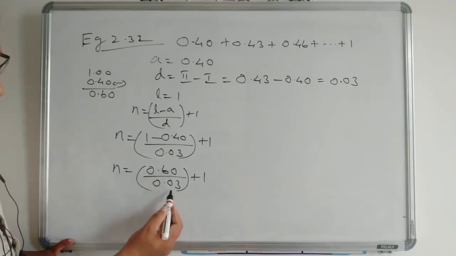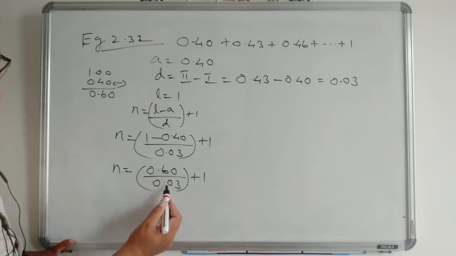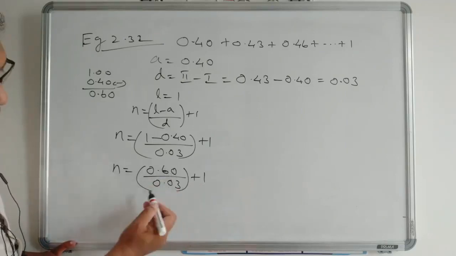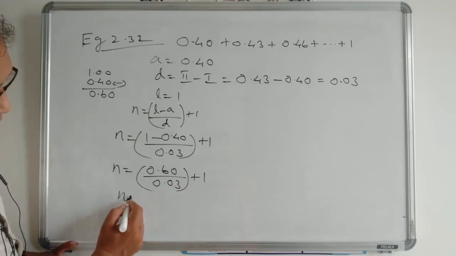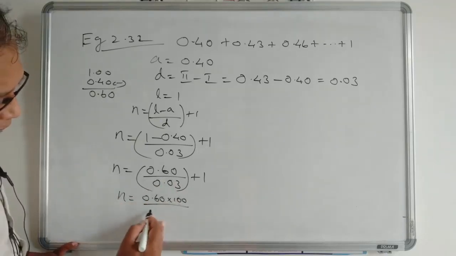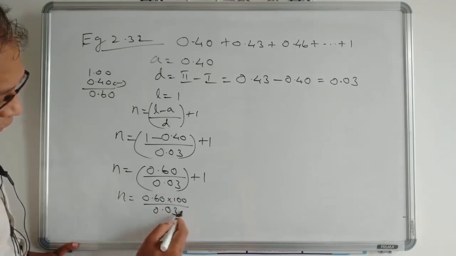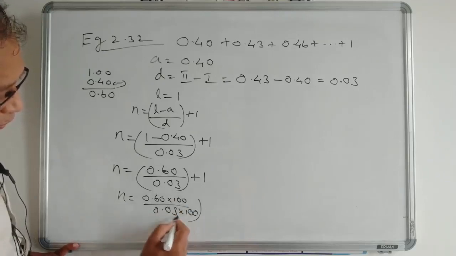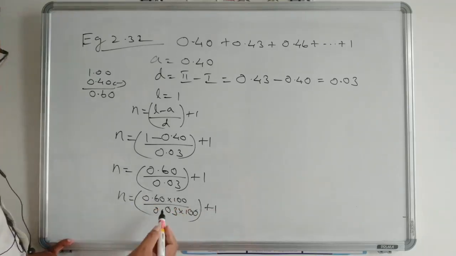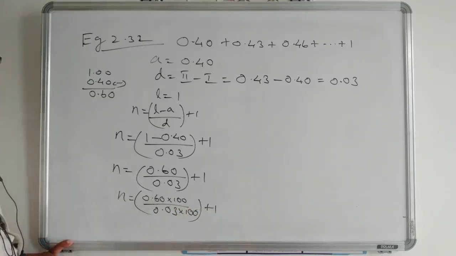Now you see the numerator and denominator both have two decimal places, therefore we multiply by 100. So n equal to 0.60 into 100 divided by 0.03 into 100, plus 1. The decimal values are changed to whole numbers.